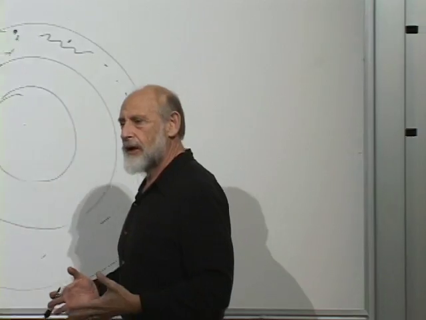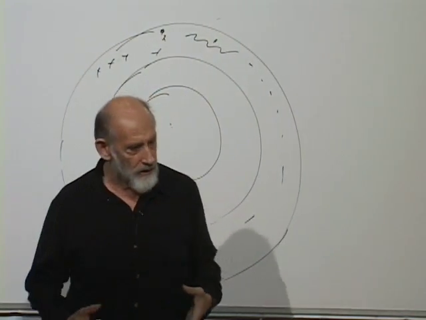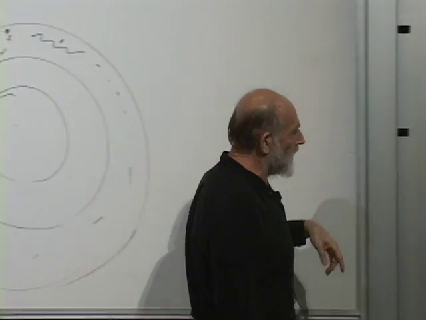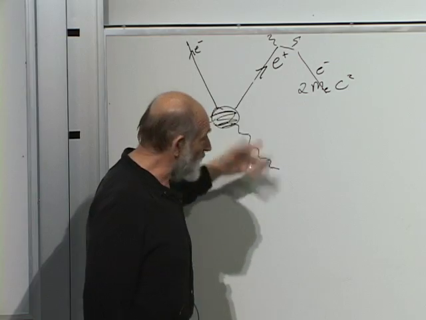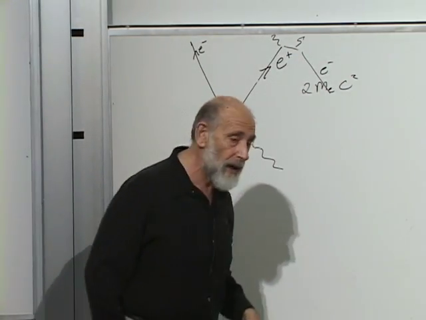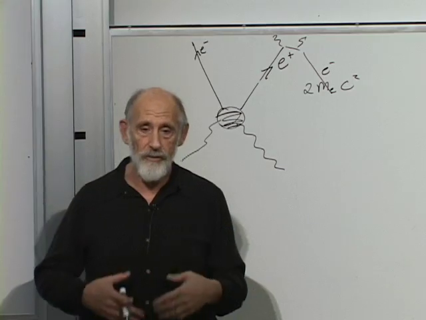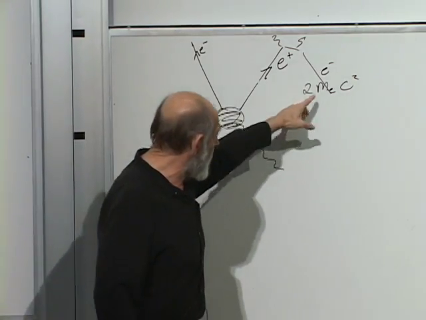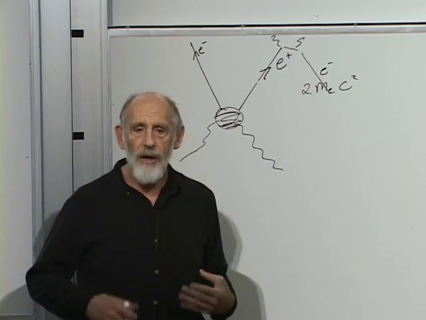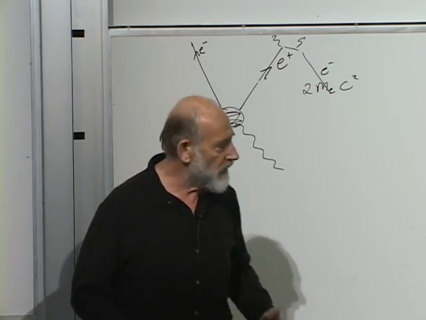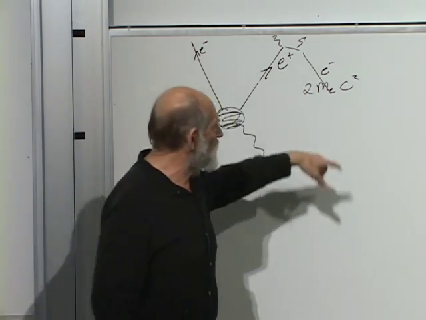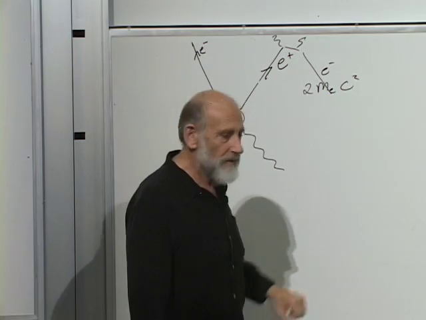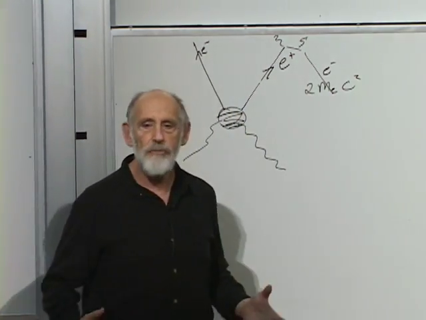But as the temperature heats up, what this has to do with is the fact that the electrons have mass and the photons don't. Photons have no mass, electrons have mass. Electrons have some internal energy due to their mass, photons don't. But as you heat it up higher and higher, the kinetic energy of the electrons becomes much, much larger than their mc squared energy, and the mc squared is not important.